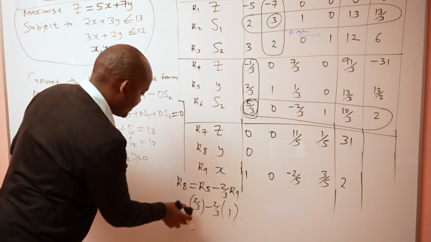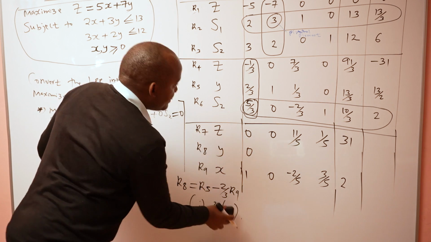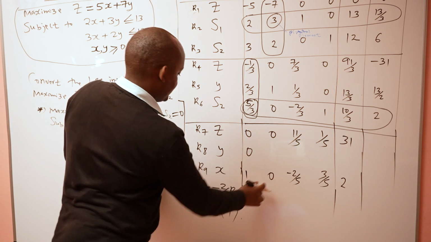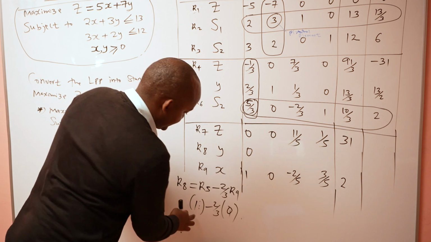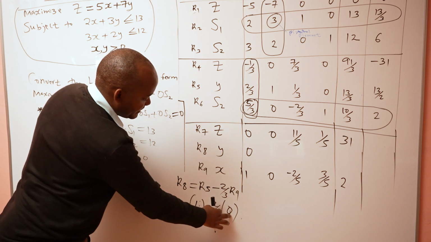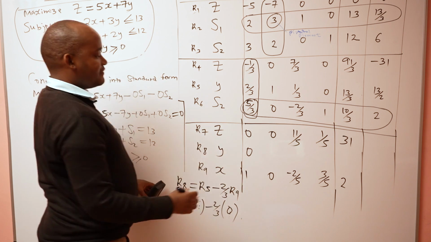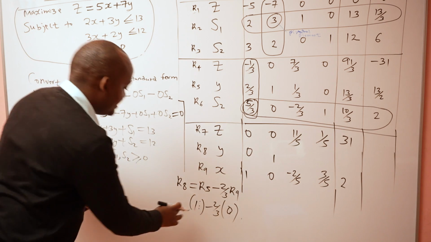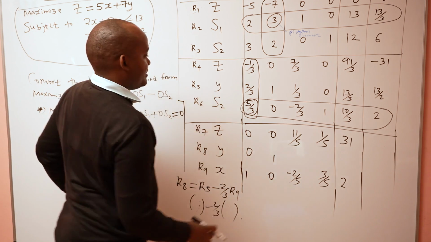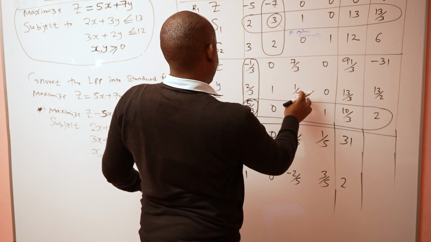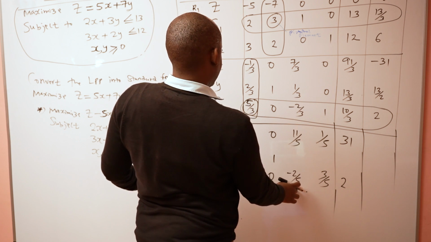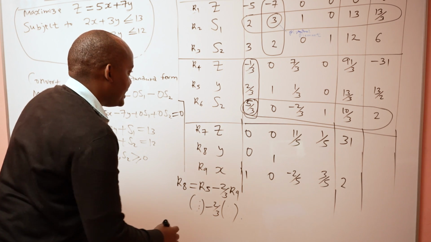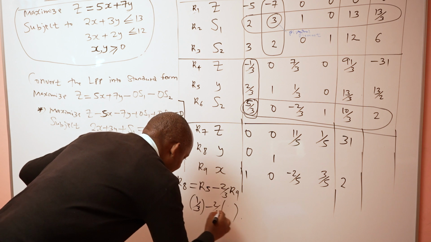The next one, you pick 1 and 0. Of course, this is 1 minus 2 multiplied by 0, which will give us 1. The next one, you pick a third and negative 2 over 5.